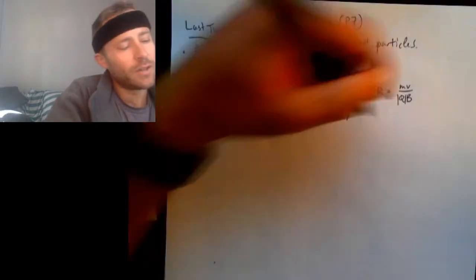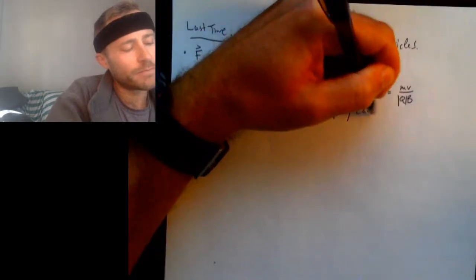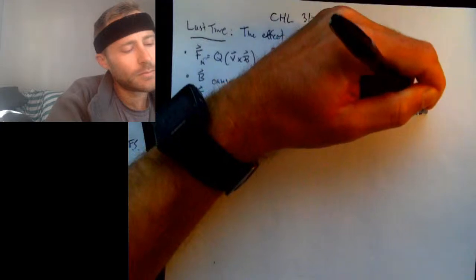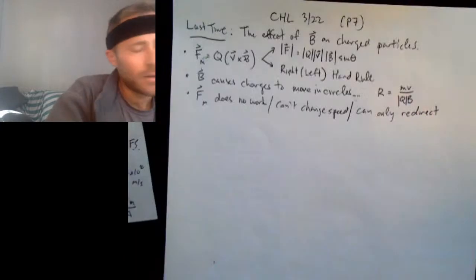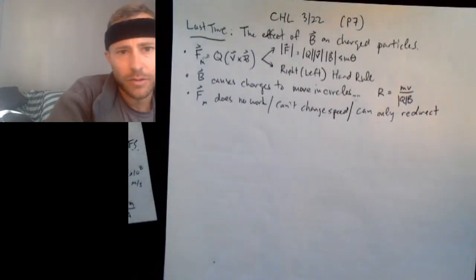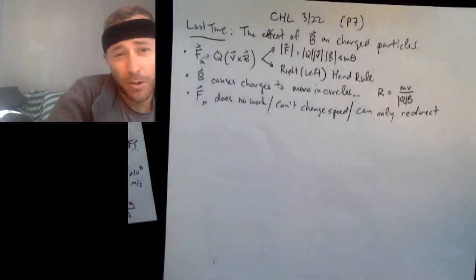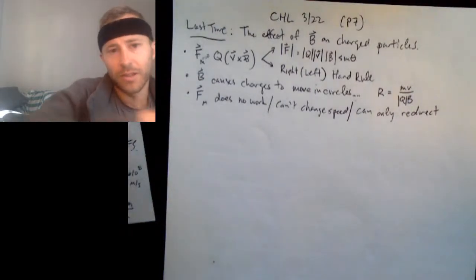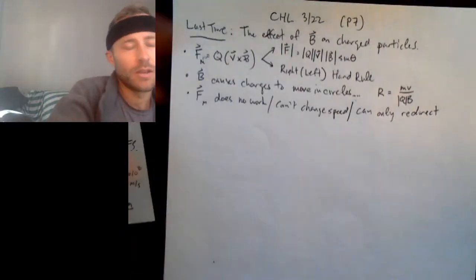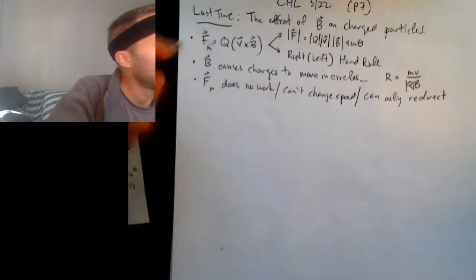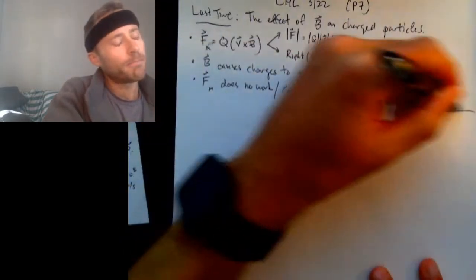Which means that it can only redirect. And this is only when acting on a single particle. So it can do things like push around extended objects, but with a single particle, it can only redirect it. All right, so that was last time.